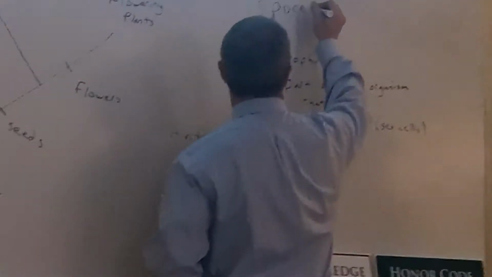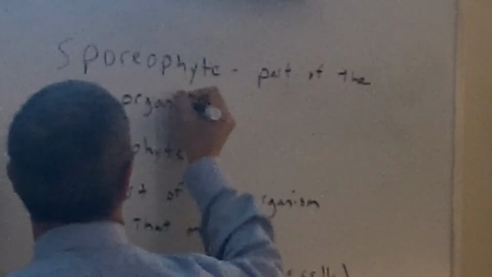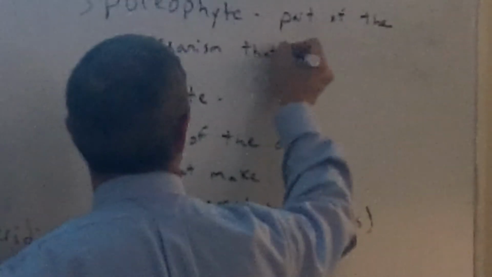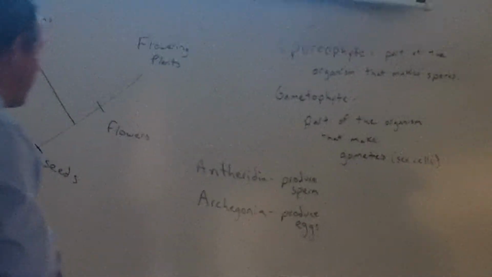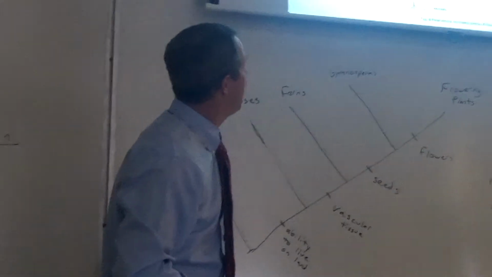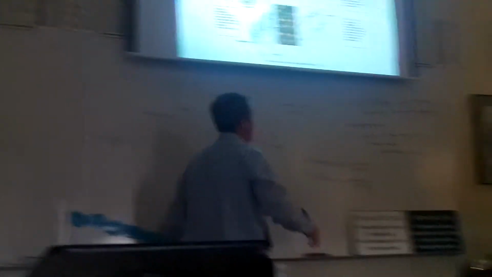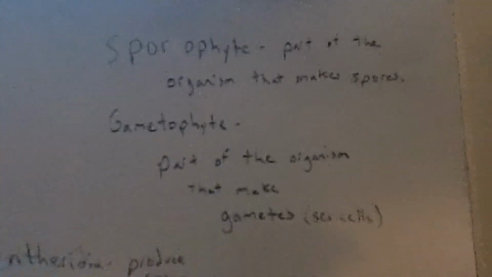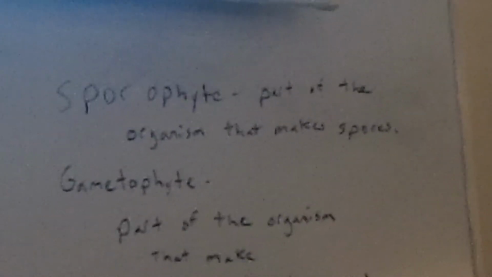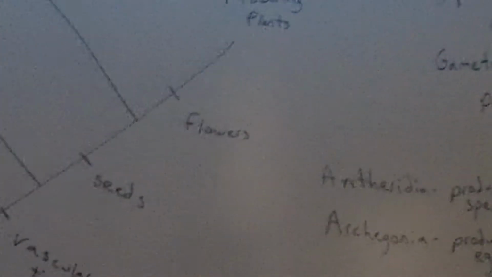The sporophyte is the part of the organism that makes spores. We call that the sporophyte. And I misspelled it. Sporophyte. The sporophyte in this case is the stalk and capsule.